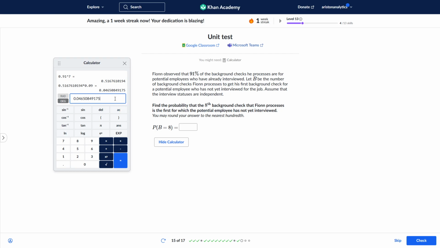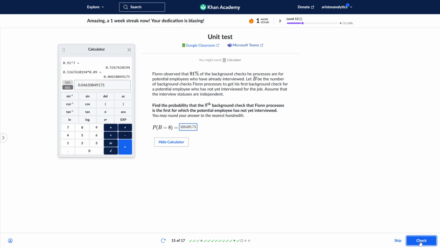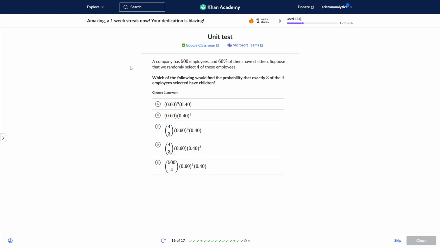Company, randomly select 4, 60% of them have children. Which of these following would have probability?